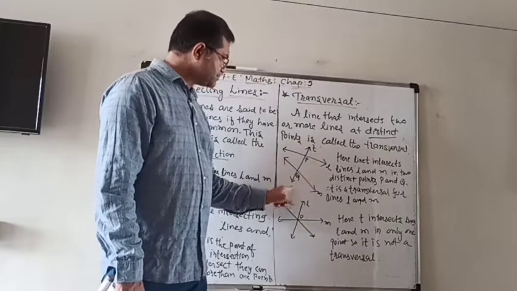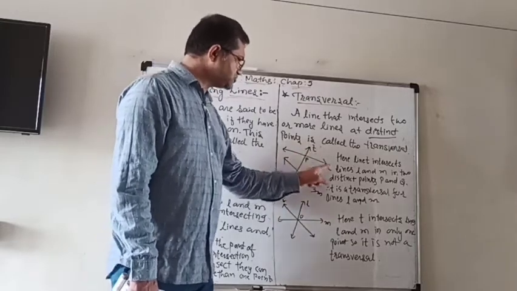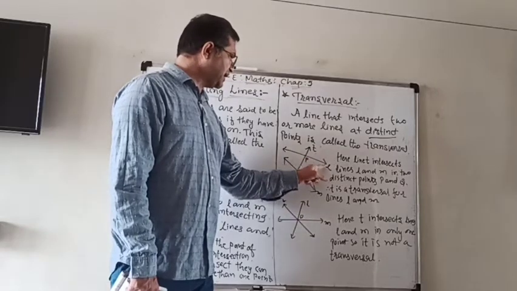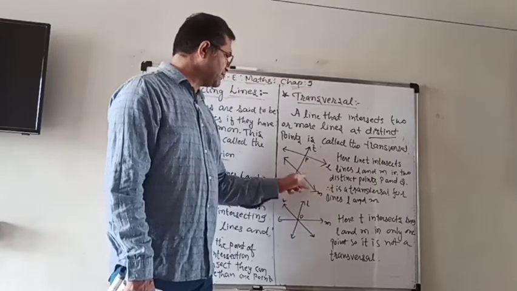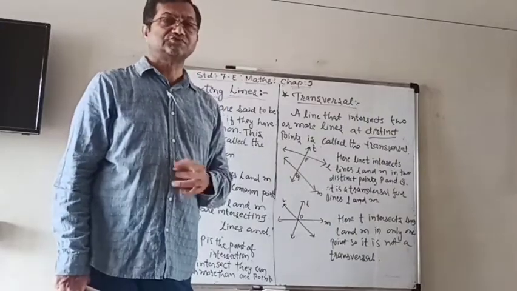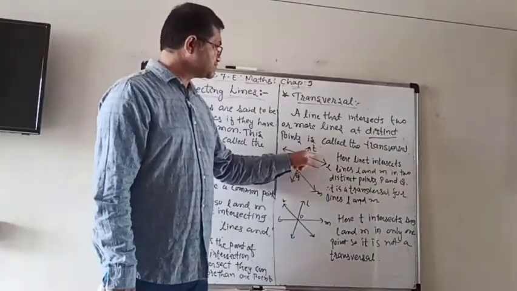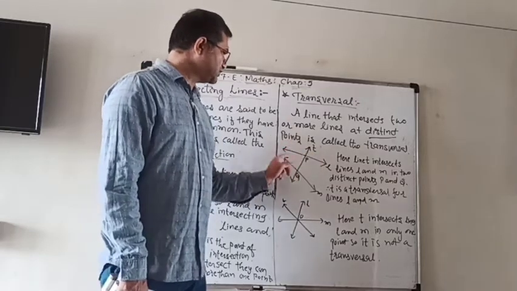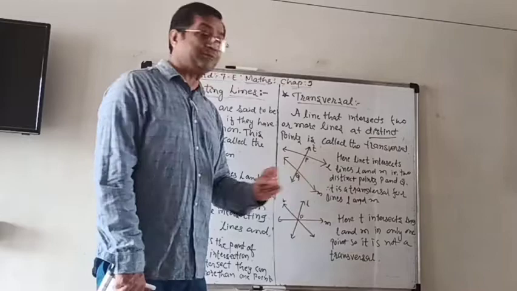Now line T is intersecting line L also and M also. It intersects line L in point P and line M in point Q, two distinct points. So here line T is called the transversal for the lines L and M.